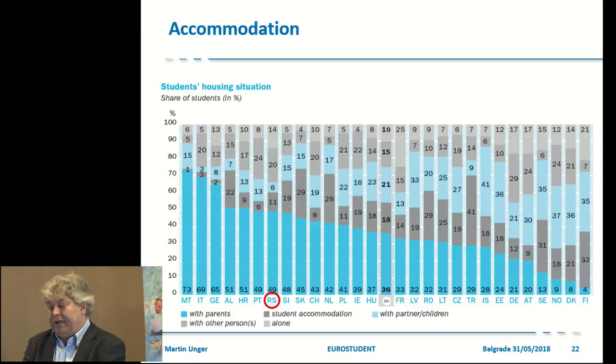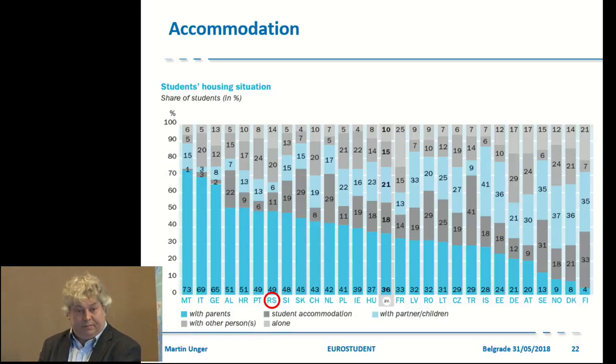11% in student accommodation, that's quite a small amount for such a young student population. But France only has 14%, so that's not the explanation for the big difference. And of course, it depends on the size of the country.